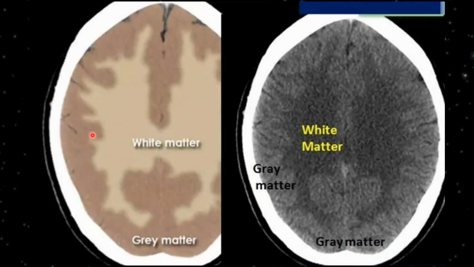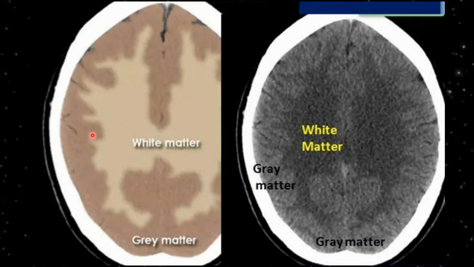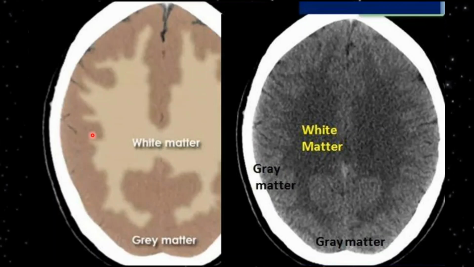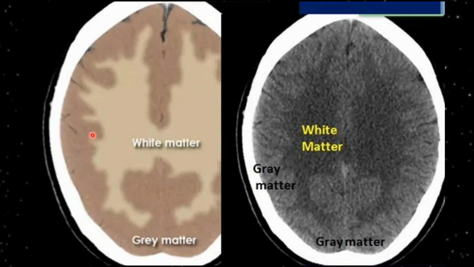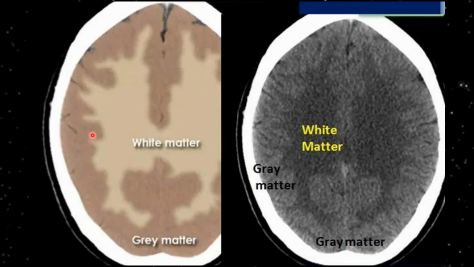The brain is composed of gray matter and white matter. Here on this image you can appreciate towards the right the gray matter, which appears brown, is undulating and forms the outer surface of the brain, because it is composed mainly of nerve cell bodies. The white matter is the deep part of the brain, and it is mainly composed of axons and myelinated nerve fibers going from the cortex.